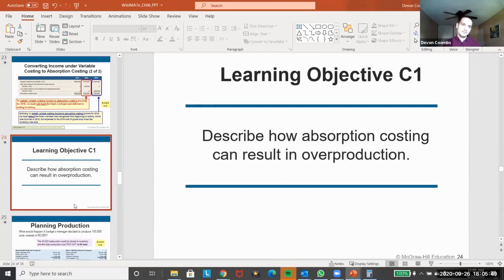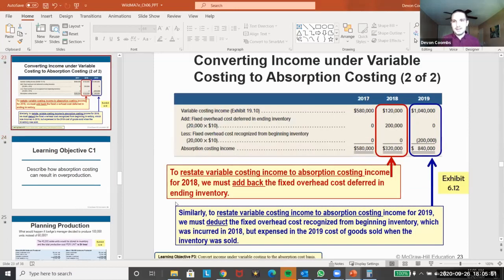And we can think of this from a strategy standpoint. Absorption costing can result in overproduction in this case, because if we look at our absorption costing income here, we've produced more, our income's a little higher, and so we can say that, wow, we're making more money per unit because our costs were deferred from fixed overhead.